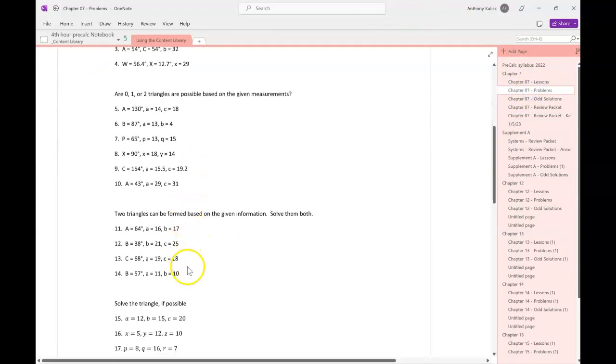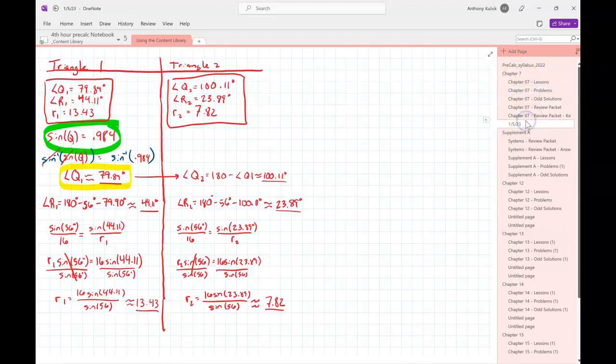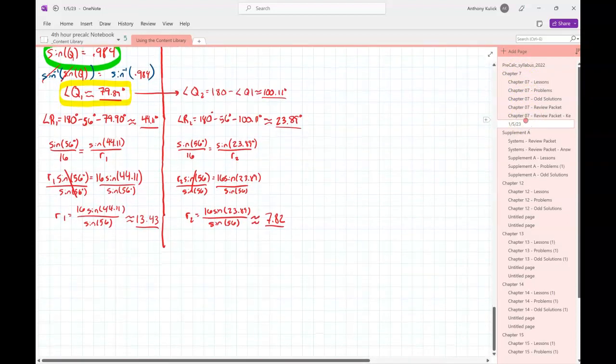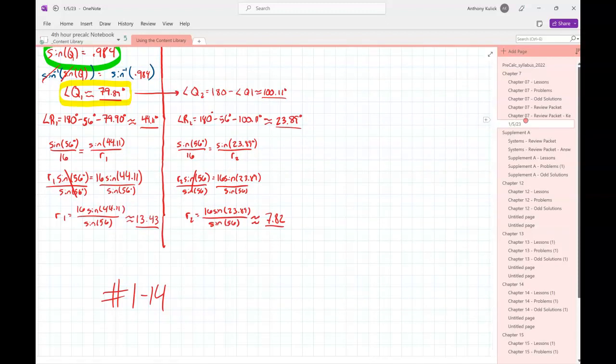At this point, you guys should be able to do up through 14. And nothing is due for you guys. The first problem set is going to be due on the 15th.